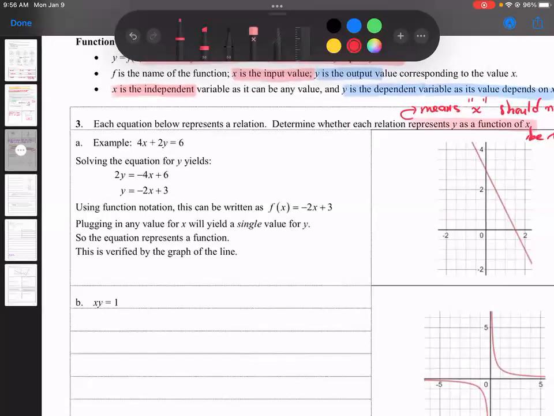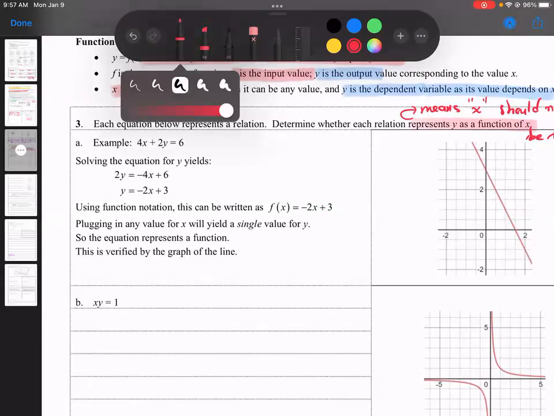So if you take a look at the example right here, you know how to read. It's a function because when you solve it, you only have one y value for every x, right? When I plug in 0 for x, 2 times 0 is 0, so y is 3.